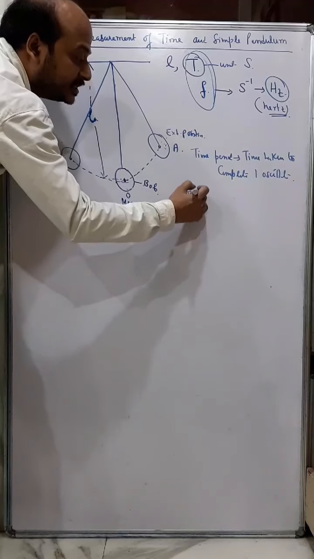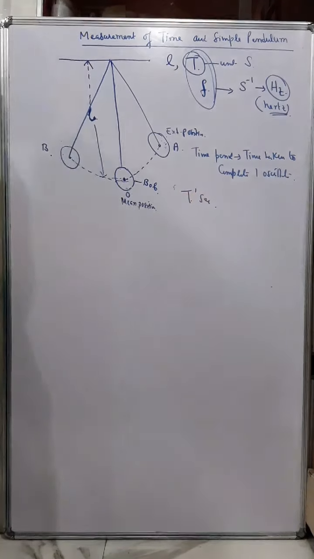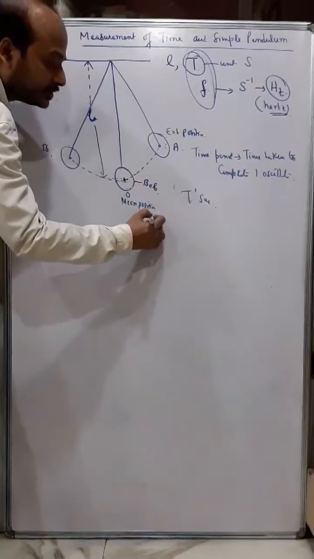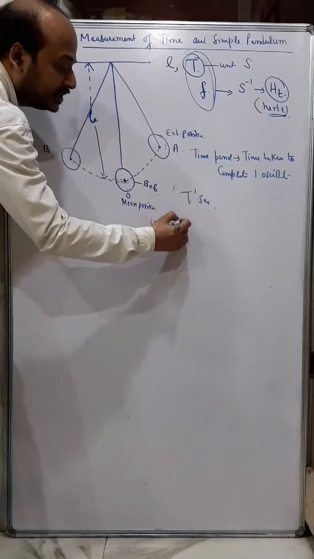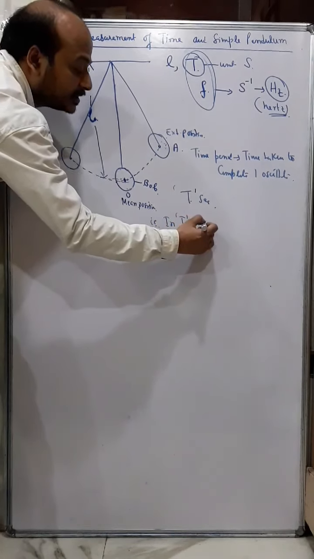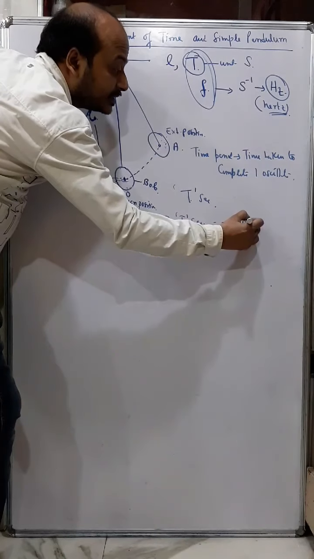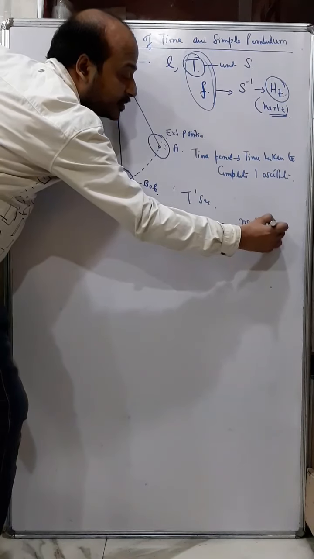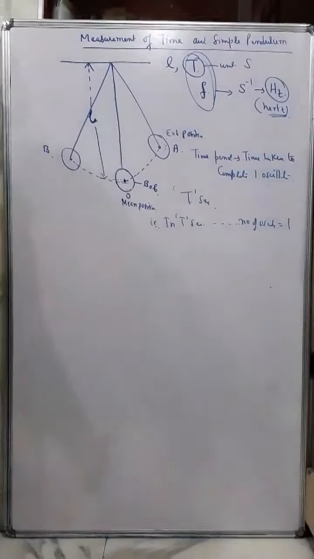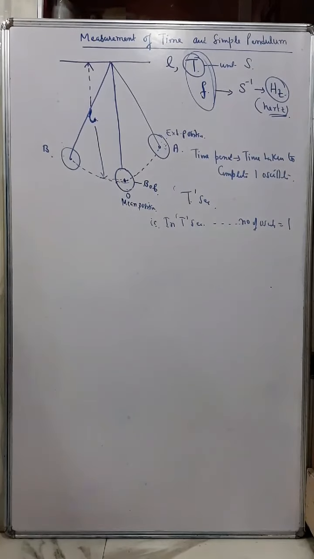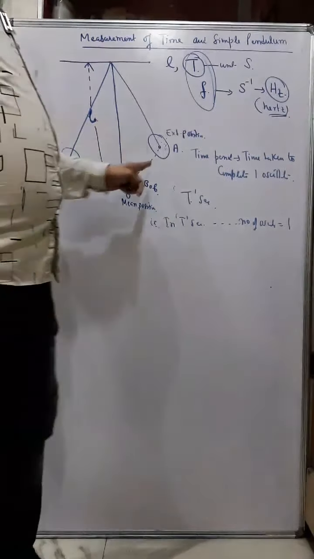So if the time period of a pendulum is t second, what does that mean? In t second, the number of oscillations is how much? 1, because time period t second means the time taken to complete one oscillation.